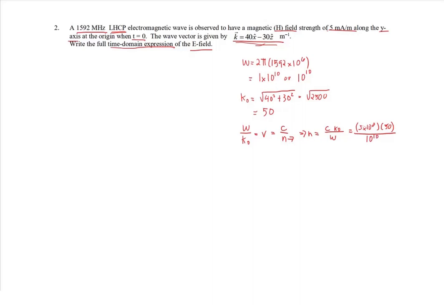And from here, we could get that n is 1.5, so it's not traveling in air, but something else that has an n equal to 1.5.